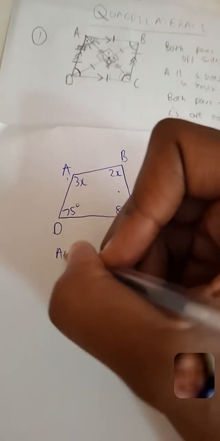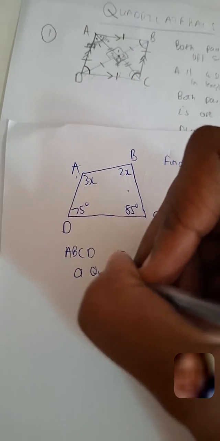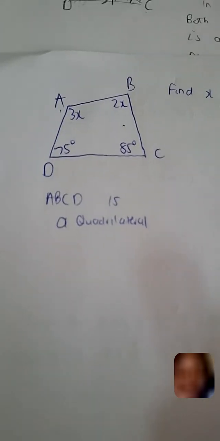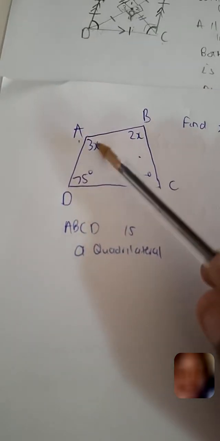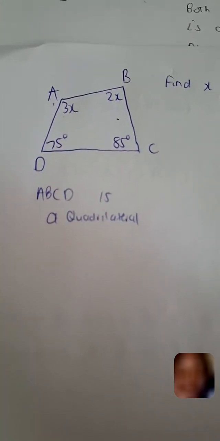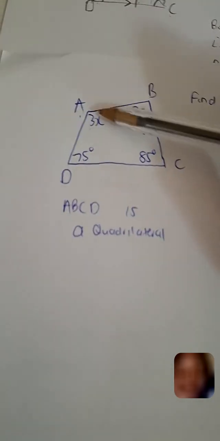Okay, so ABCD is just a quadrilateral. And by quadrilateral we mean it's a four-sided shape. And of course it is a four-sided shape, just that we don't know what type of four-sided shape it actually is. Now we want the value of X. My dearest Kia, how are we going to find X? What things are we given in the diagram?